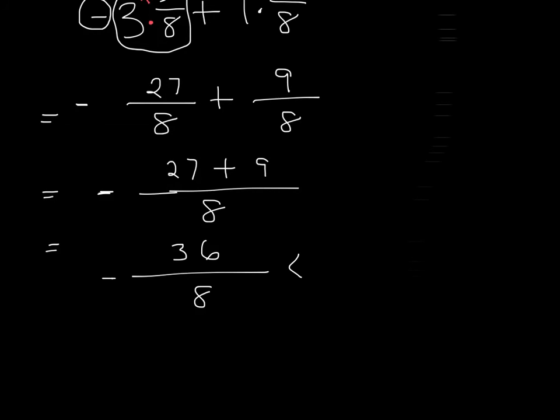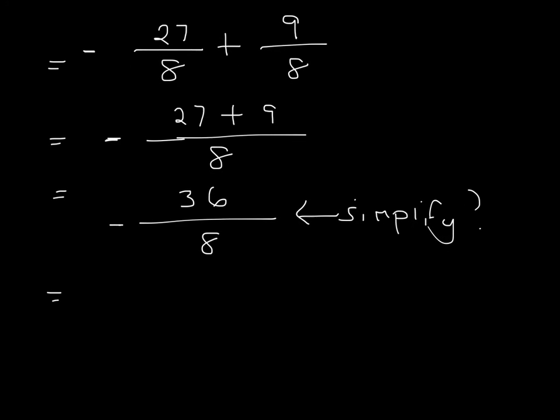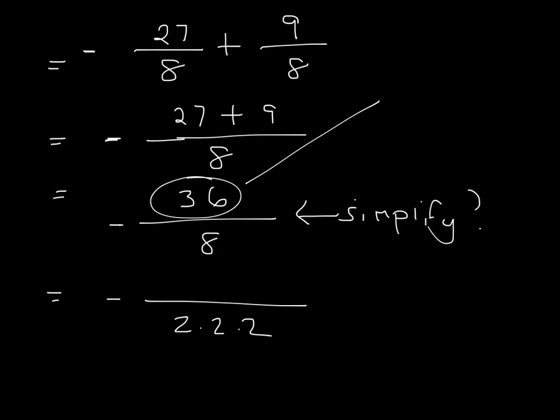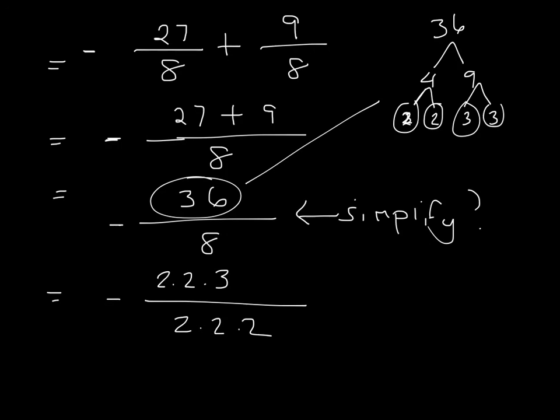And here, again, we ask if we can simplify this fraction. And we can simplify this fraction, right? 8 is 2 times 2 times 2. 36, if you want to use the factor tree, prime factorization, maybe 4 times 9. This is 2 times 2, 3 times 3. So 2 times 2 times 3 times 3 is really 36.